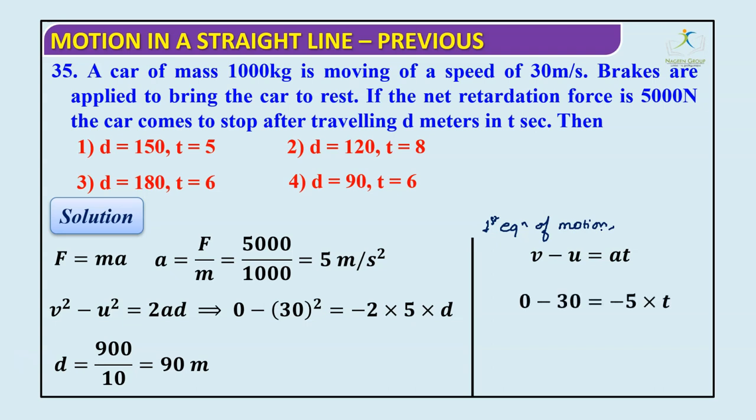So I'll put the values: final velocity is 0, initial is 30, and the acceleration which we calculated here is 5. I'll just put it here and calculate the value of t, which becomes 6. So finally we prove that d is equal to 90 and t is equal to 6 seconds. Hope you understand, students.